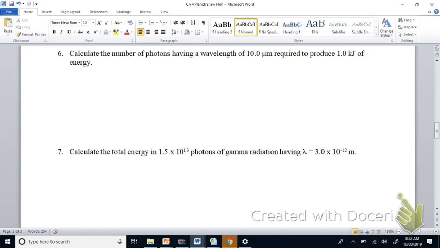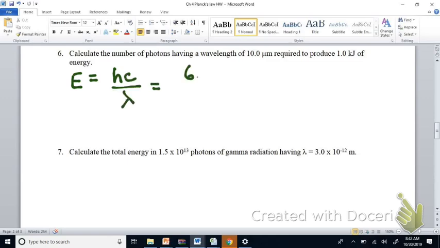So let's talk about number 6. One of the things that we have not yet discussed is when we calculate the energy of a given wavelength, it is for a single photon of light. So the place where we want to begin number 6 is to find the energy of 1 photon of light. So we can do this with E equals hc over lambda.